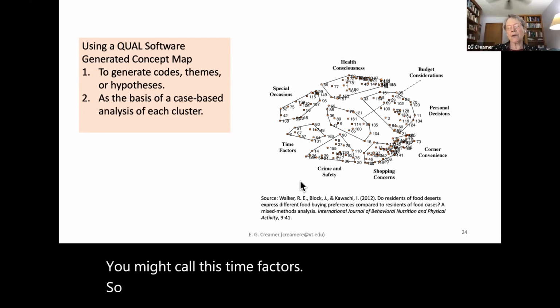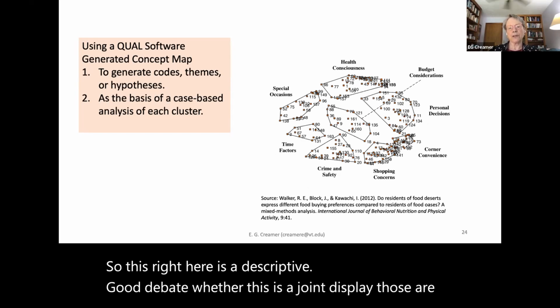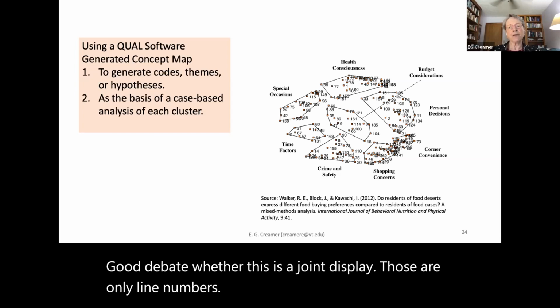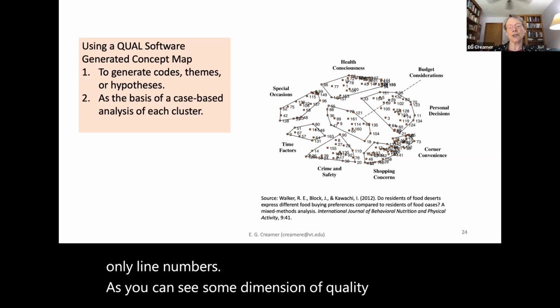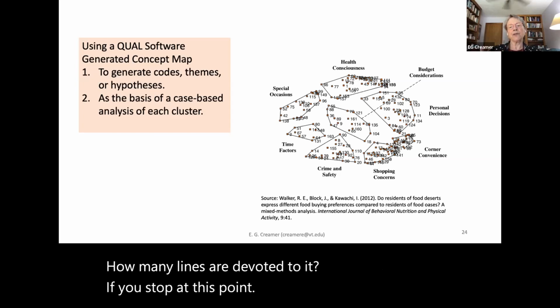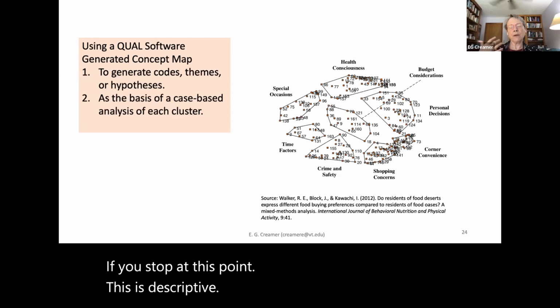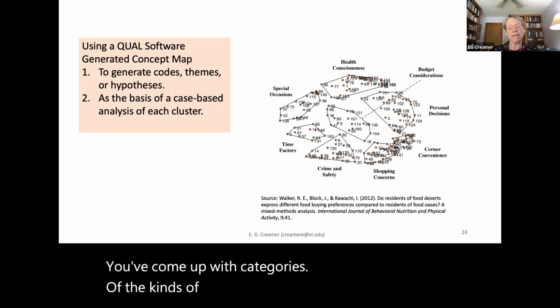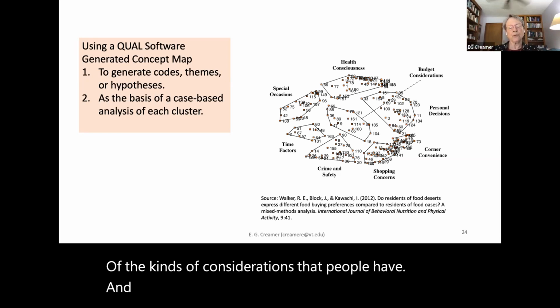So this right here is a descriptive visual. You could debate whether this is a joint display. Those are only line numbers. But you can see some dimension of quantity in there by how many lines are devoted to it. If you stop at this point, this is descriptive. You've come up with categories of the kinds of considerations that people have, and the software has helped you do that in a very helpful way.